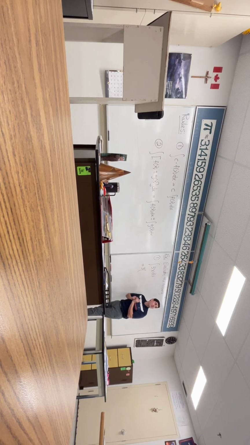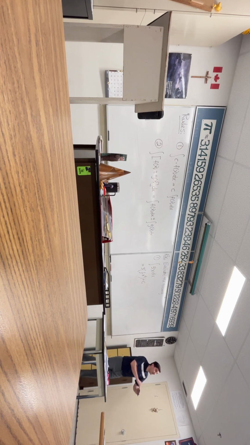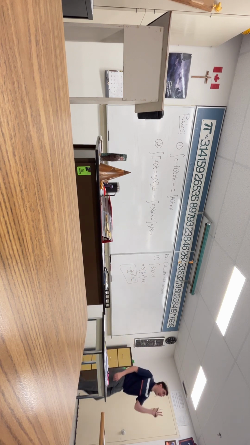Well, what's the antiderivative of x? 1/2 x squared. It certainly is. Plus c. So, when you compute the antiderivative, the integral sign and the variable of integration go away. Just like that.